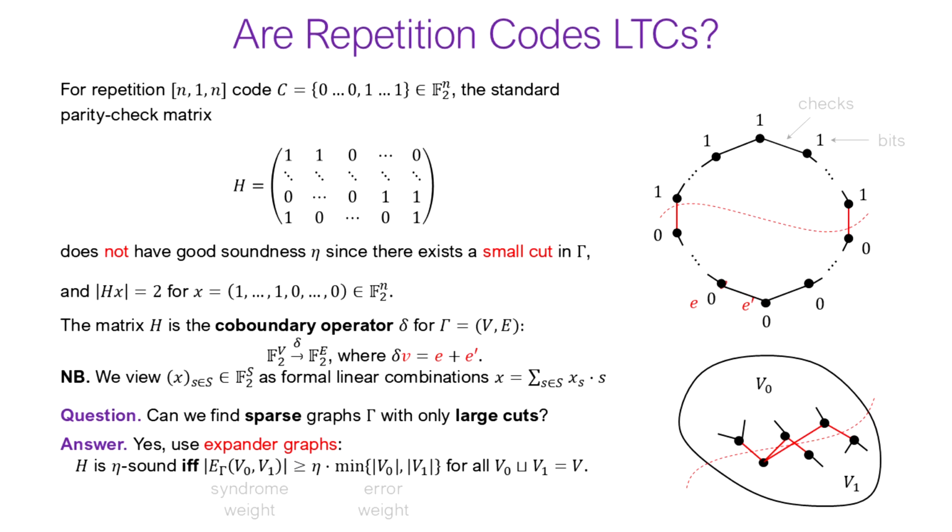So you can easily check then that this repetition code is a locally testable code, and this expansion parameter that corresponds to the Cheeger constant exactly corresponds to the soundness parameter for a locally testable code.